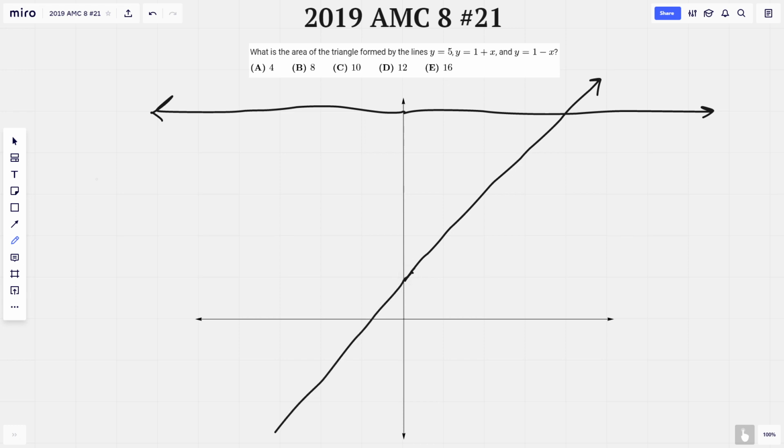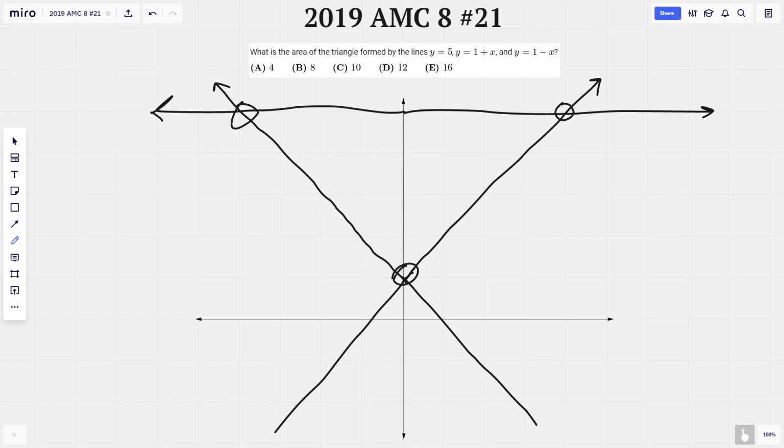Y equals 1 minus x again starts with the y-intercept of 0, 1 and has a slope of -1 in both directions. So we see here now that we have the 3 intersection points that we need to form our triangle that is bounded by the 3 lines.